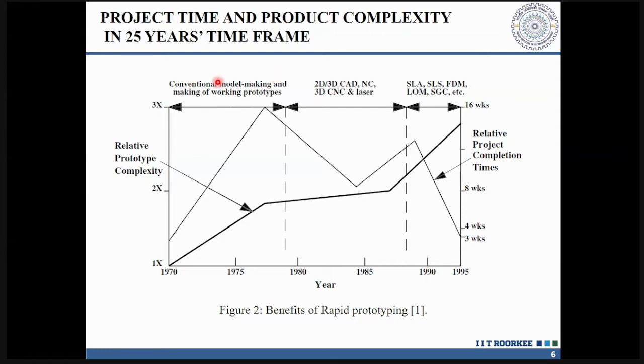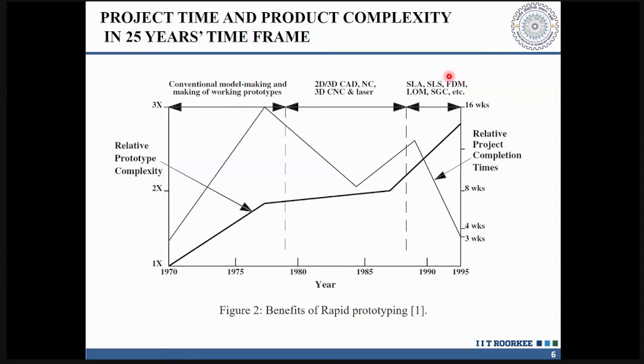But around the mid-80s, there were scanning, NC machines and CNC machines, which were helpful in manufacturing prototypes. Around '88, we had our first additive manufacturing methods, and we used SLA, SLS, FDM, LOM, SGC. These are all additive manufacturing processes that came into existence.